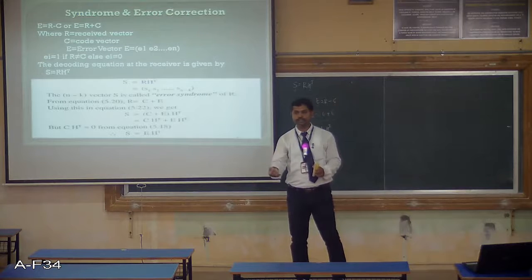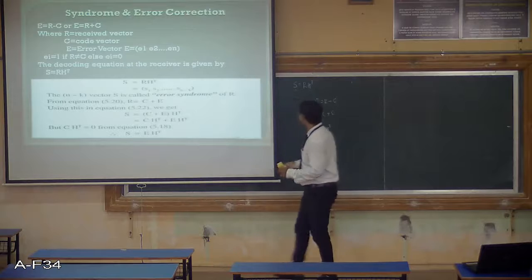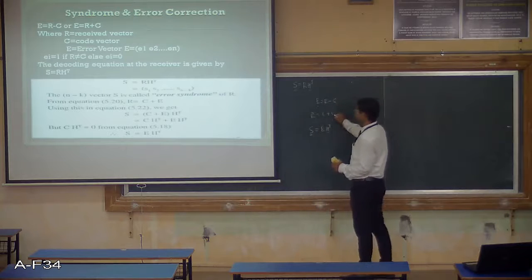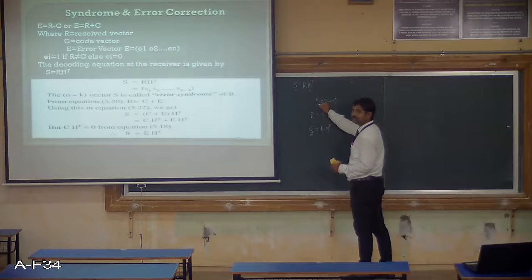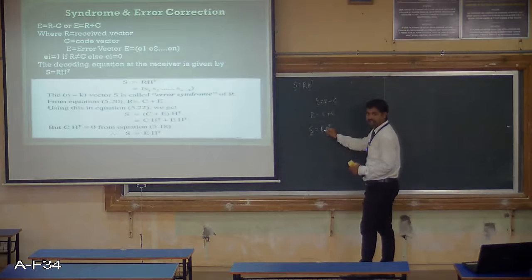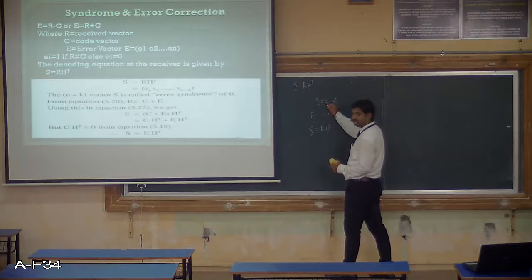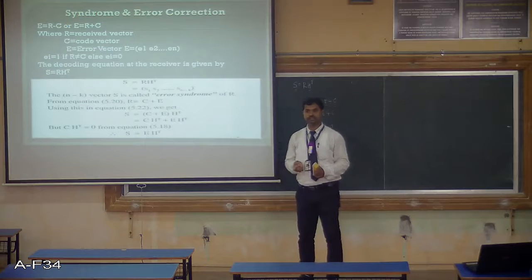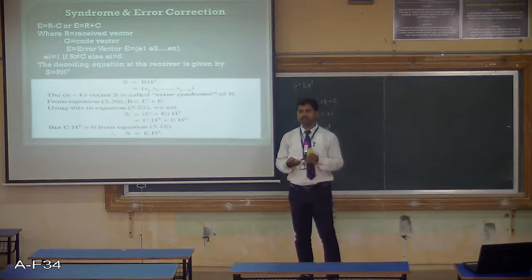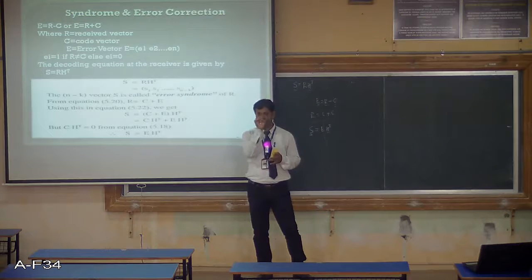If I know the position of error, I can correct it. How? We have a formula here. Now I have E, error vector. I know E, I know R, so I can find the C, the valid code vector.